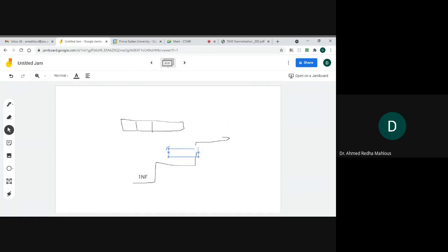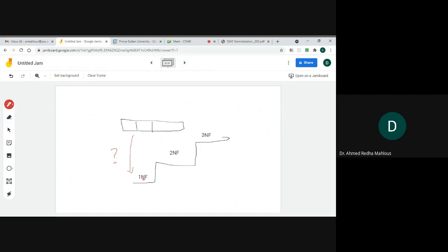Then I will have what is known as 2NF, second normal form, and the highest level, 3NF, third normal form. Now what you will do is take your relation schema and verify whether your schema is at 1NF. I will ask myself if it is okay.